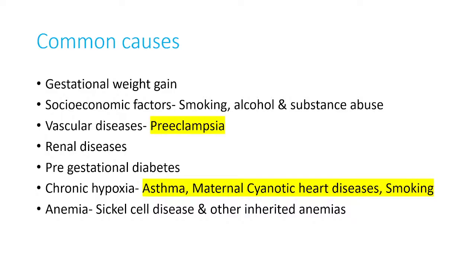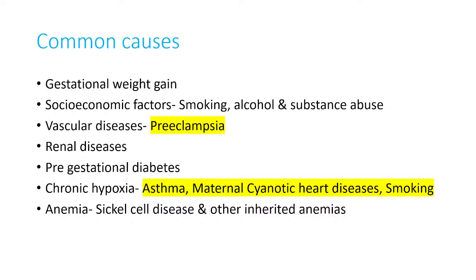And renal diseases like glomerulonephritis, chronic renal disease, those also cause FGR. Pregestational diabetes also causes FGR whenever the diabetes is of prolonged duration. If the duration is much more, there will be more vasculopathy and that causes FGR.